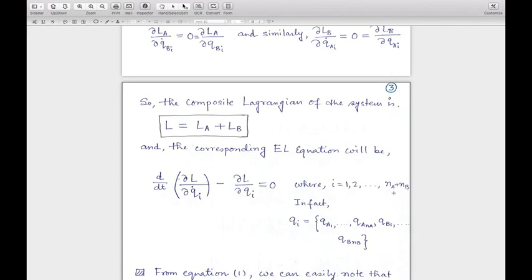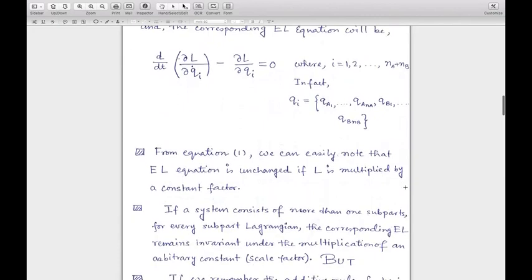Now the total degrees of freedom will be just the sum of the degrees of freedom of the two non-interacting systems. Remember the case, and that is exactly what I said here, so that from equation 1 one can easily note that the EL equation is unchanged if the Lagrangian is multiplied by a constant factor, right?